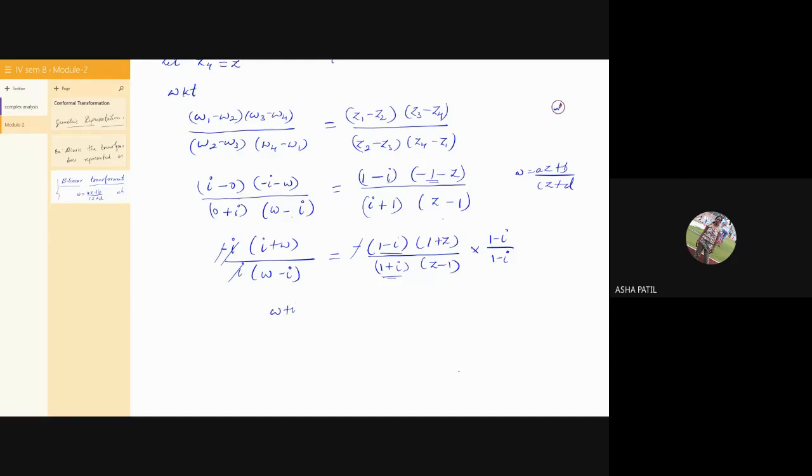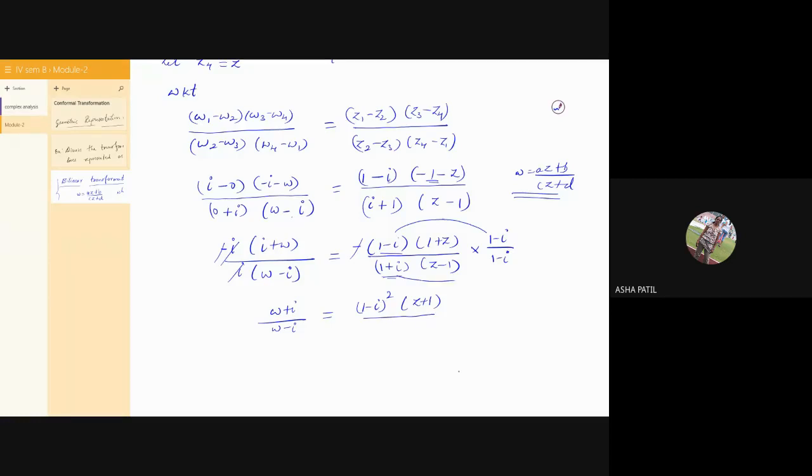It is (W plus I) divided by (W minus I) equal to (1 minus I) whole square, product of these two. It is not that you have to go this way only. You have to simplify it in any way that you want, but the end answer should be in this form only. You have to try to find what is W in terms of Z.